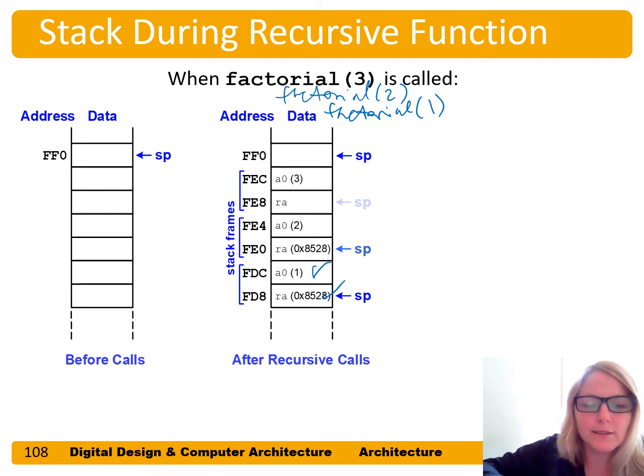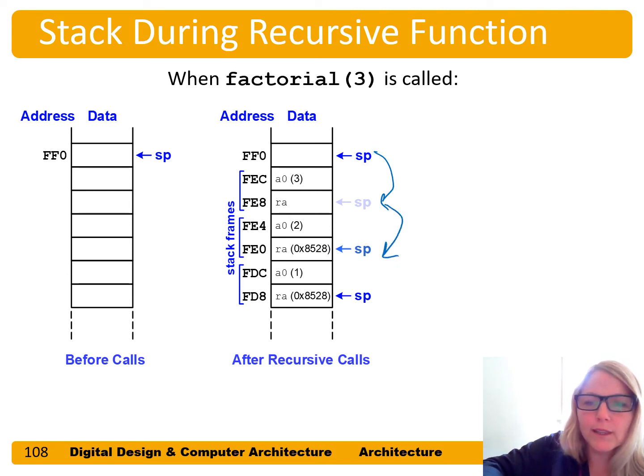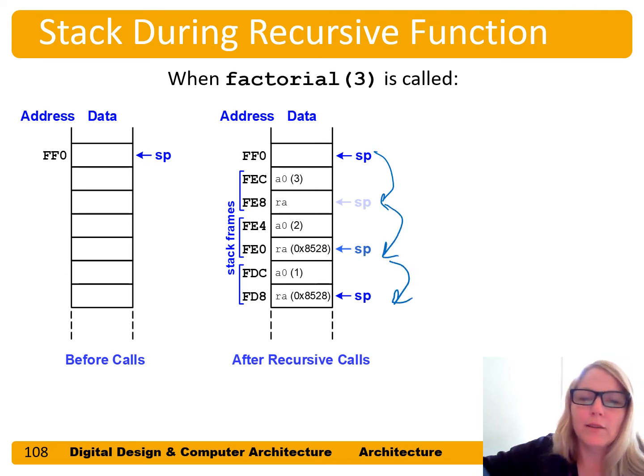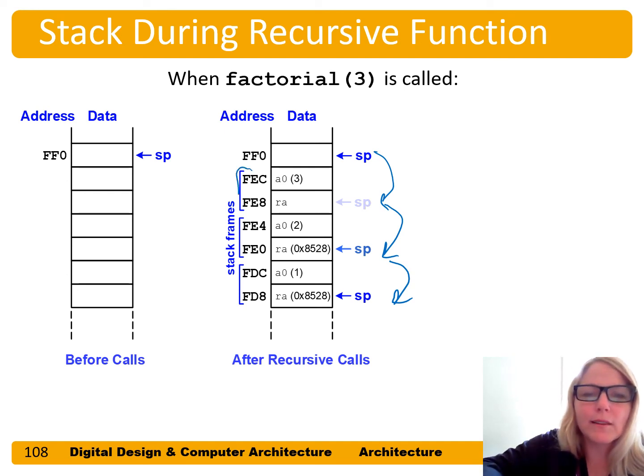We know what RA is now, so we can put that value there. But n is equal to 1, and so that simply returns 1 and just restores the stack at that point. We can see as the stack pointer gets rolled down, increasing the amount of stack space needed. Each of these is a stack frame: factorial of 3's frame, factorial of 2, factorial of 1, and now we're going to roll them back and pop them off.